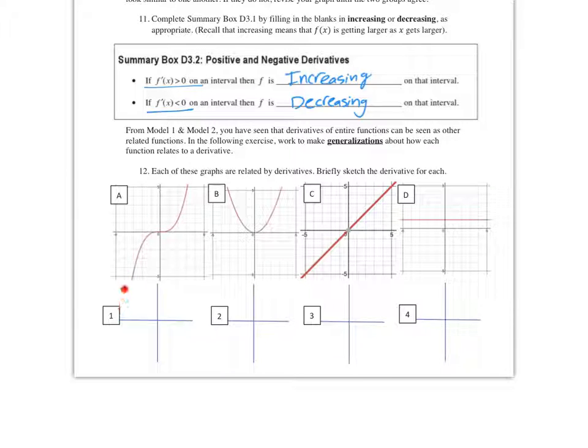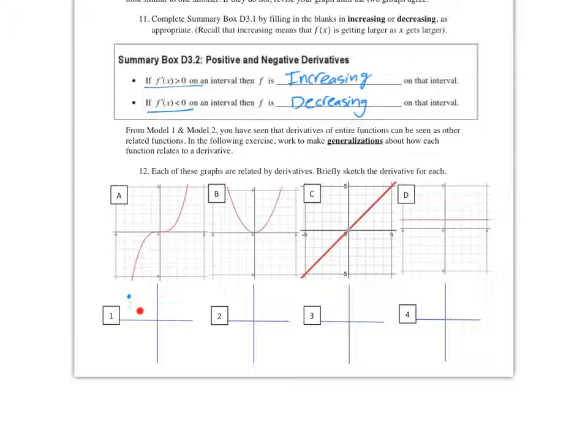If I'm looking at this, we're going to make some generalizations about how these functions relate to their derivative. If I put my hand right there, if my point is right there, my hand is going to be very steep, and steep in a positive direction. So I'm going to say it's steep in a positive direction, so the derivative is positive. And then as I move over, my slope is getting less steep.